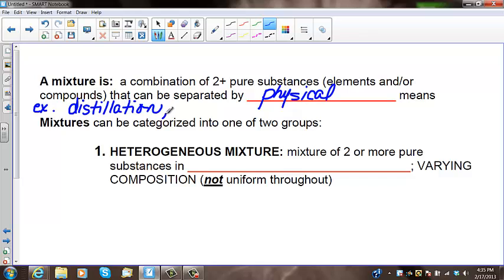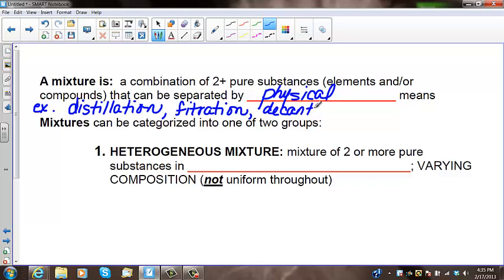It could also be through filtration, where you have two substances of different particle size. You can run it through filter paper, and one will get trapped and the other will run through. It could be by decanting.